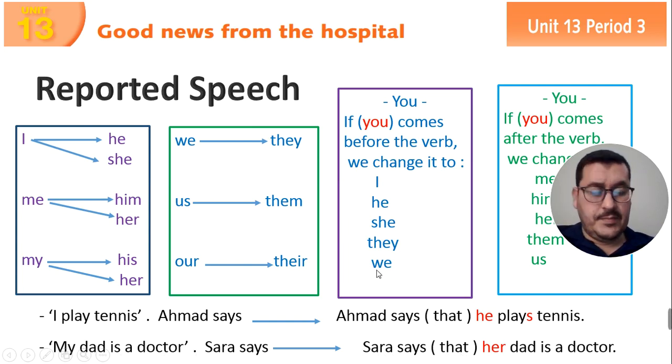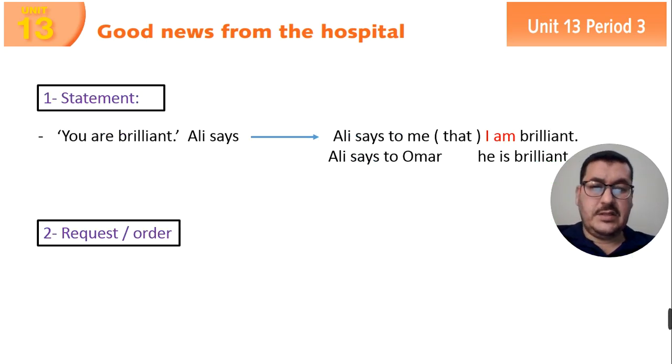Okay, everyone, now let's start with our lesson. The first one, we'll speak now about statement. For example, if I say "You are brilliant," Ali says, look, Ali says to me that I am brilliant. We can say Ali says to Omar, he is brilliant. Ali says to Sarah, she is brilliant.